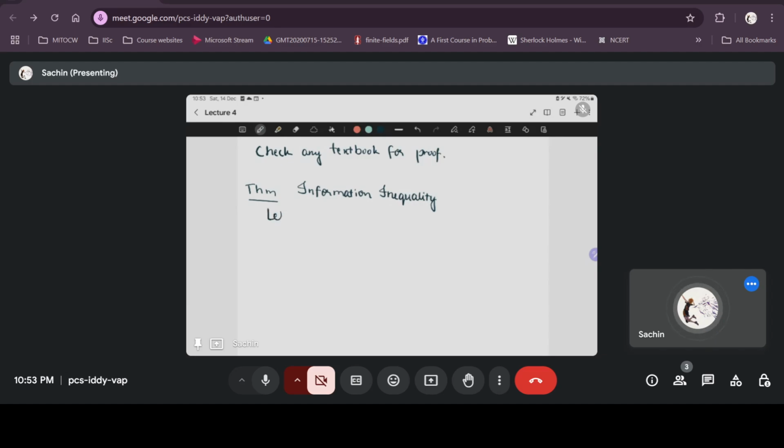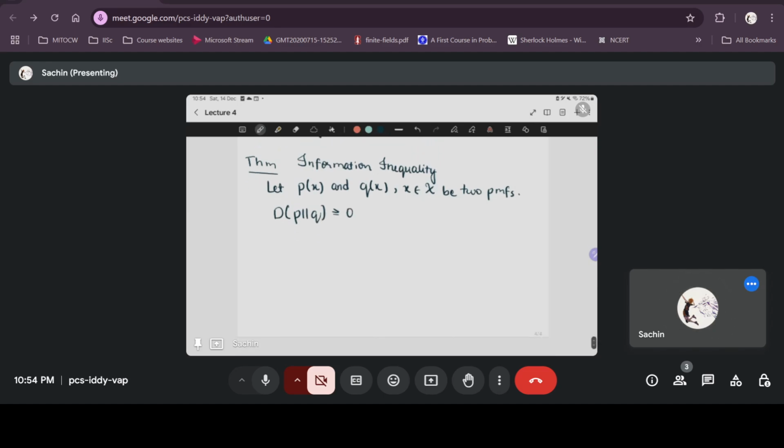This is just a statement that I think I had mentioned in a previous lecture, but I didn't prove it there. So given two probability distributions p of x and q of x for some random variable x that takes values from script x, the relative entropy is a non-negative quantity.